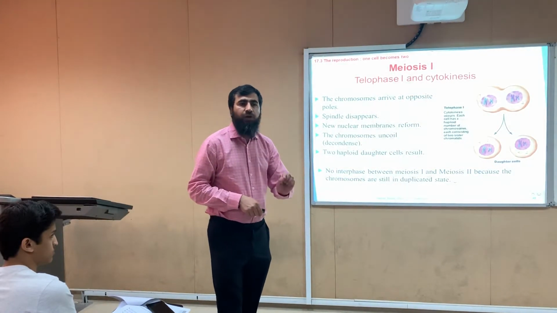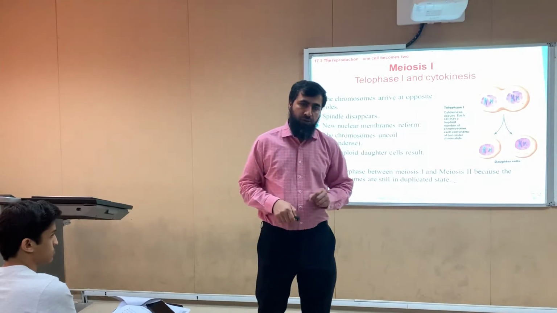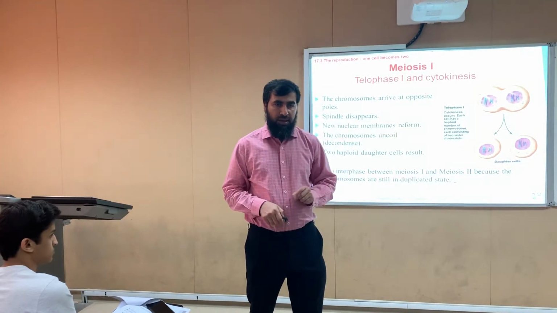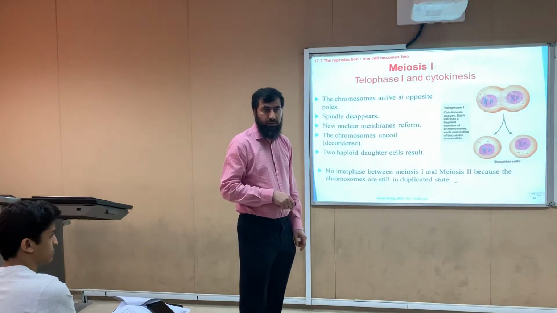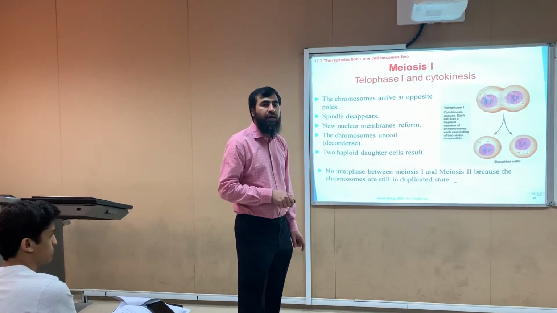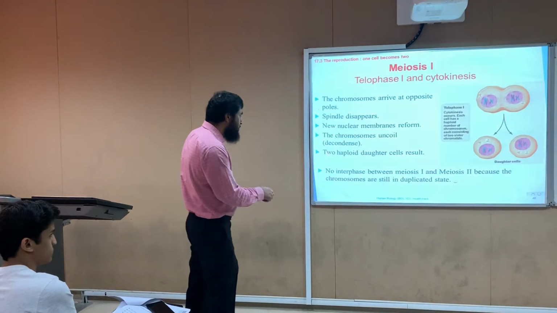They have 23 duplicated chromosomes. So after meiosis 1, you get 2 haploid cells.